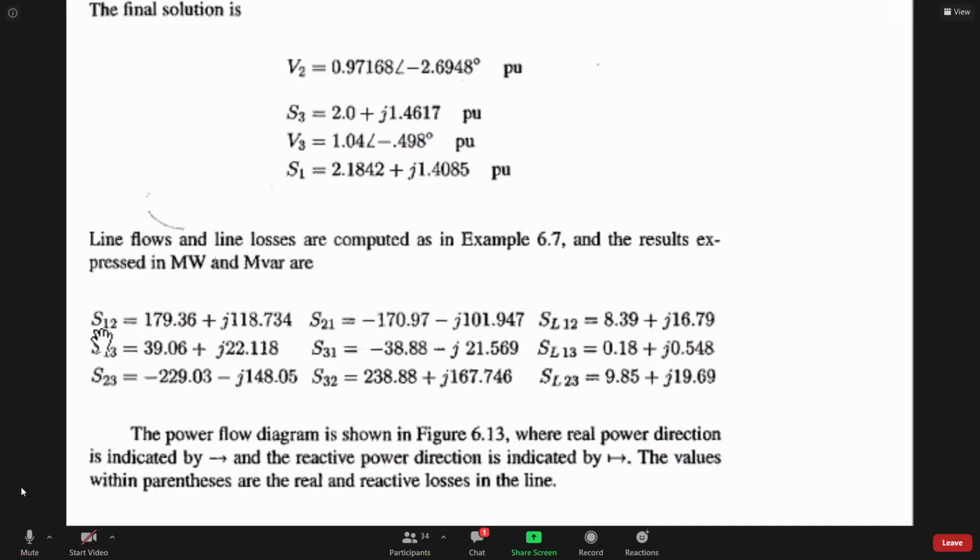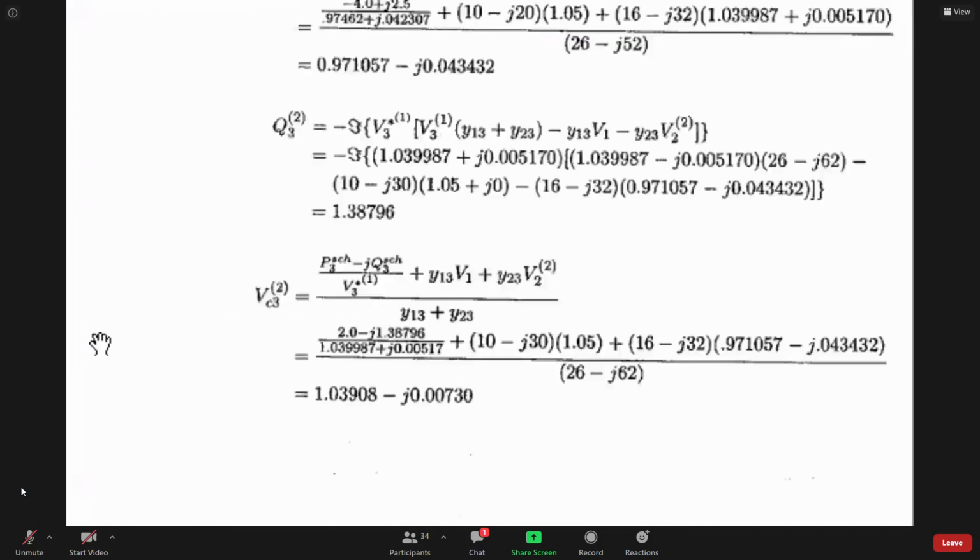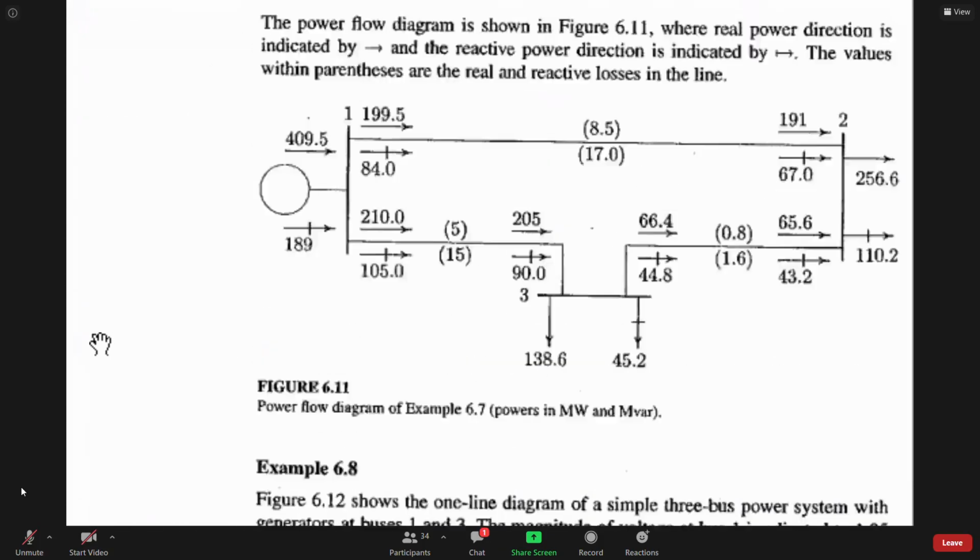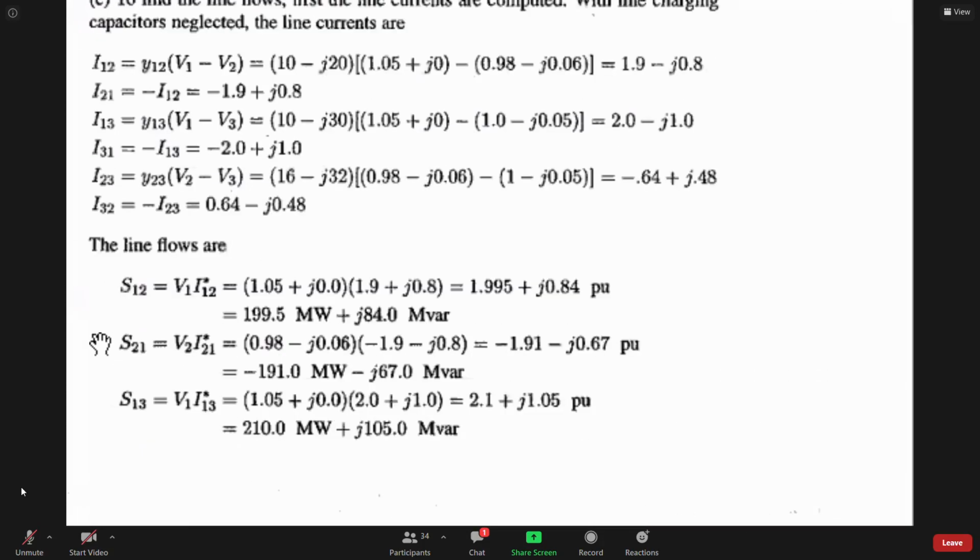V1 into I12. When you write complex power, let's go back to the earlier solution so that you can get the idea. S12 will be V1 into I12 conjugate. And to get that I12, you have to use V1 minus V2 multiplied by admittance.